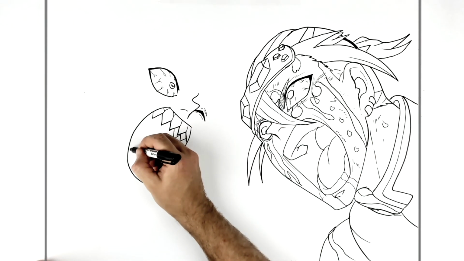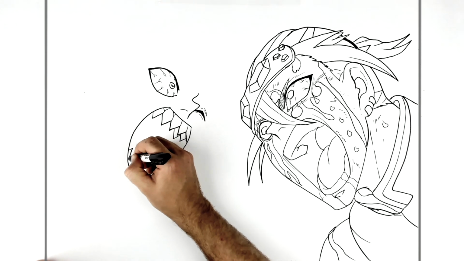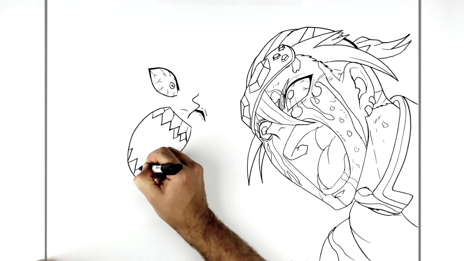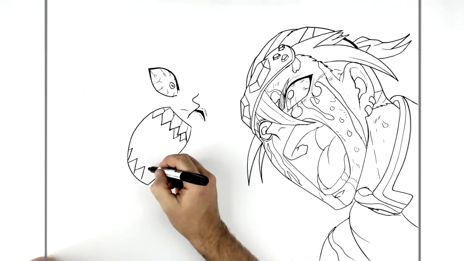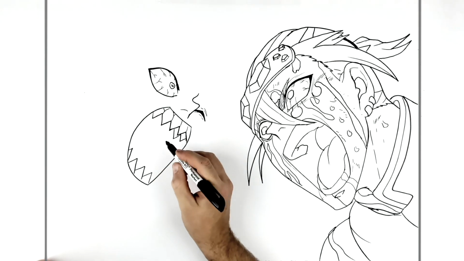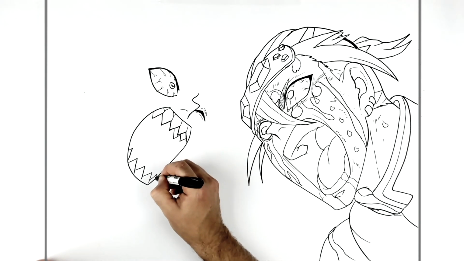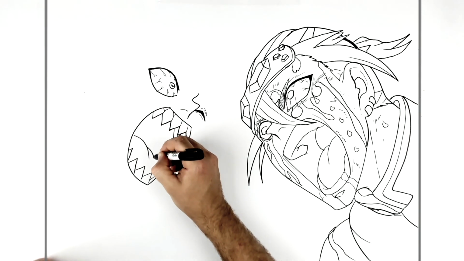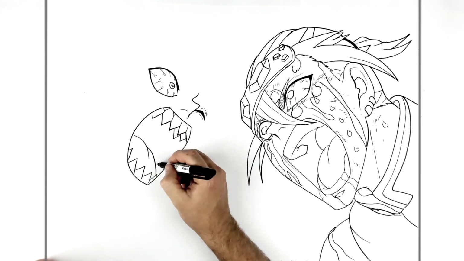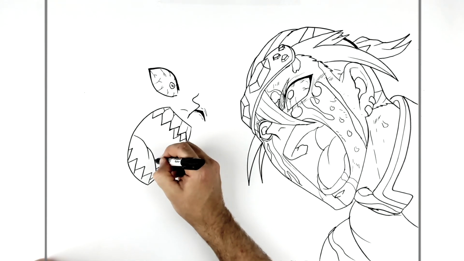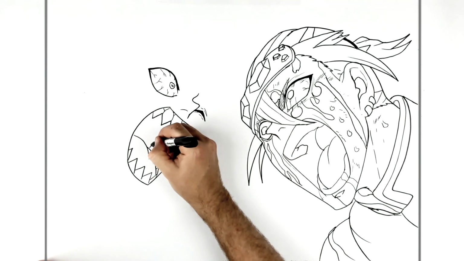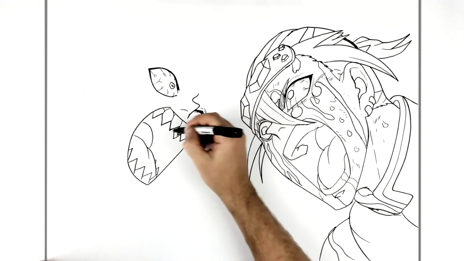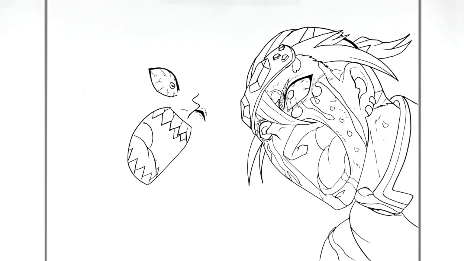And then teeth on the bottom. Again, like real big, sharp, pointy teeth. And then his tongue, like so, and we just do the back of his throat back there as well.